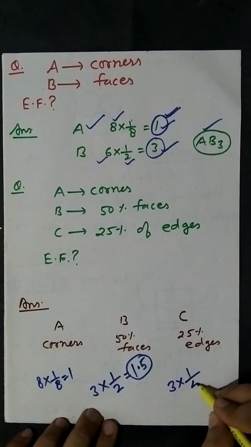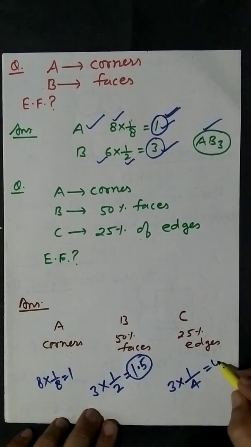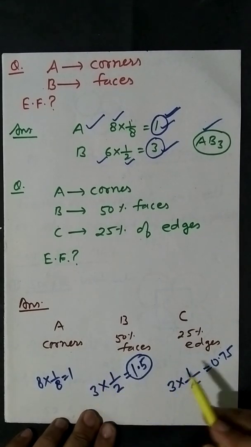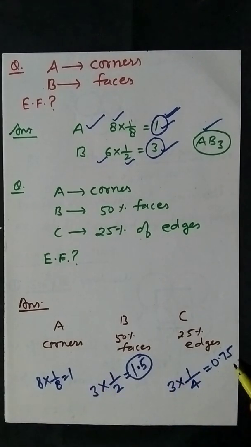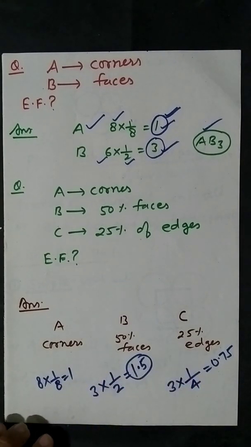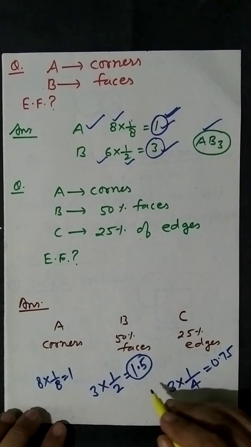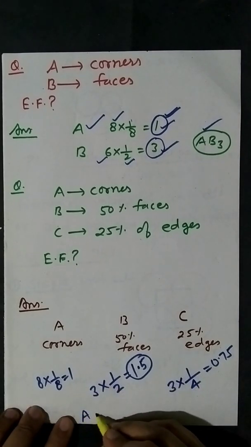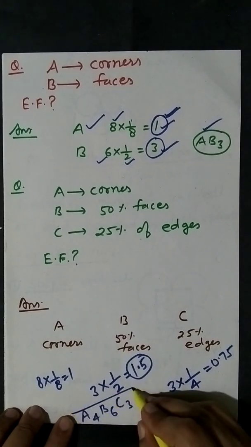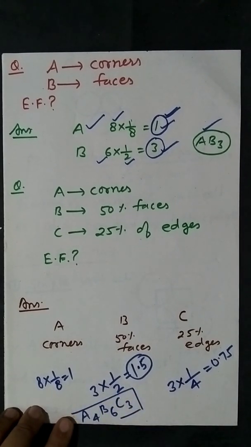Contribution of edge is 1 by 4, so it is 0.75. So 1, 1.5 and 0.75. Now you can write its empirical formula by multiplying with a whole number. So we multiply this by 4 and therefore it is A4, B6 and C3. This will be its empirical formula.